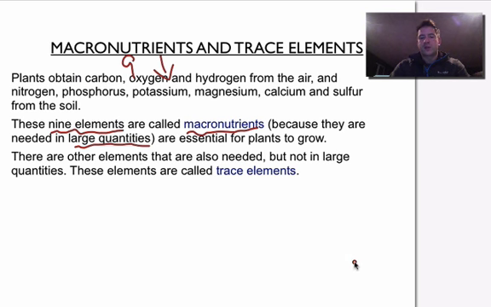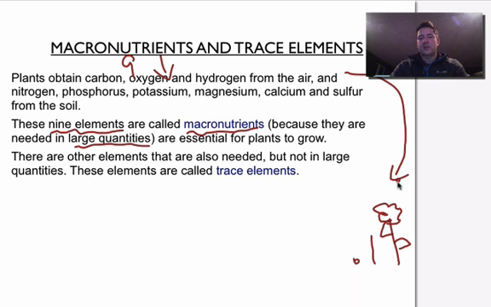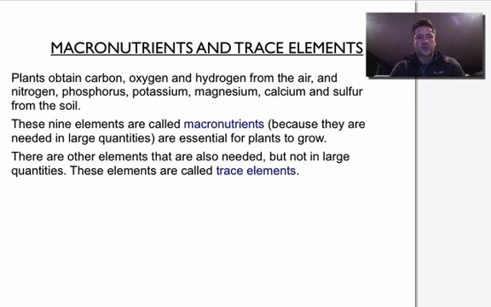So if we want this little tiny seed to grow into a stem and then into a full plant with leaves and maybe flowers, we need those 9 essential elements for that process to occur. But there's also other elements that are needed along the way, just in smaller quantities, so that we don't need such a large quantity, and we call those trace elements. And we'll talk about both of those right now.